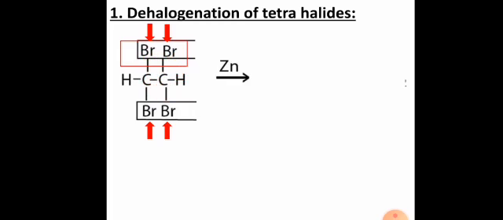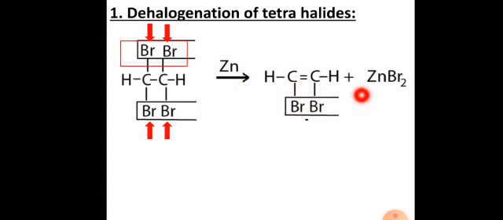But we have to use zinc as a catalyst. As a result, you will get a double bond. The first removal gives you the first double bond, and the second product will be zinc bromide. Zinc will take two bromines, so ZnBr2.